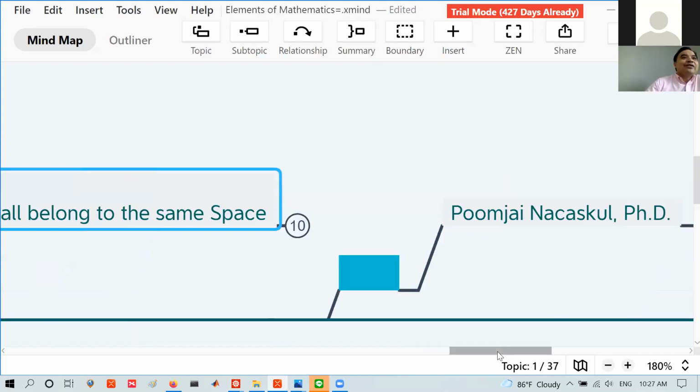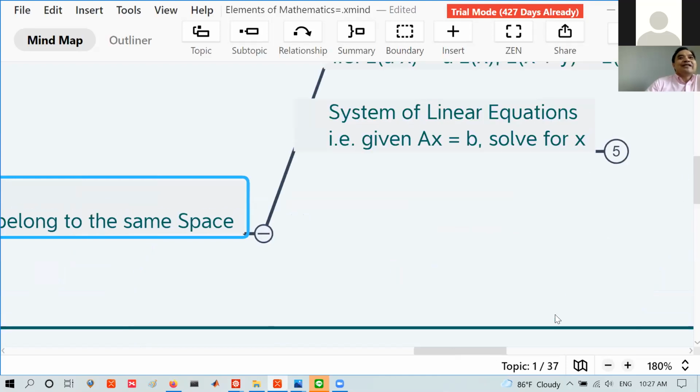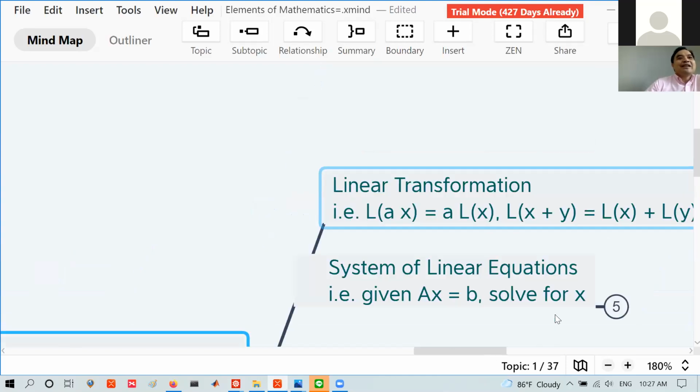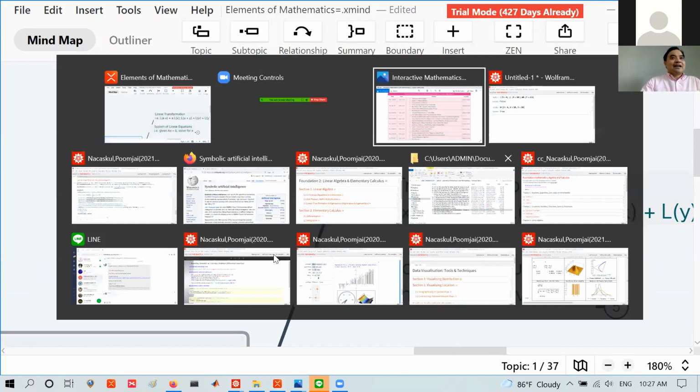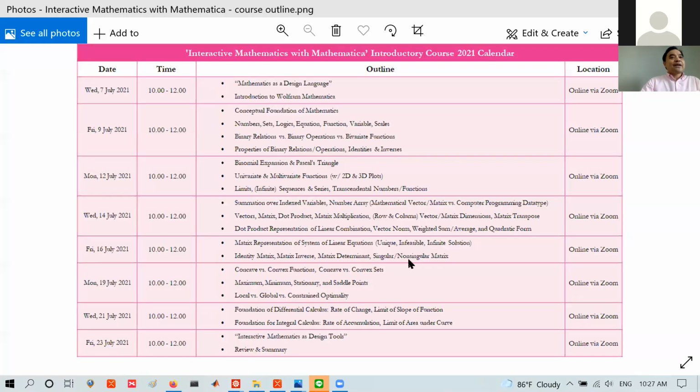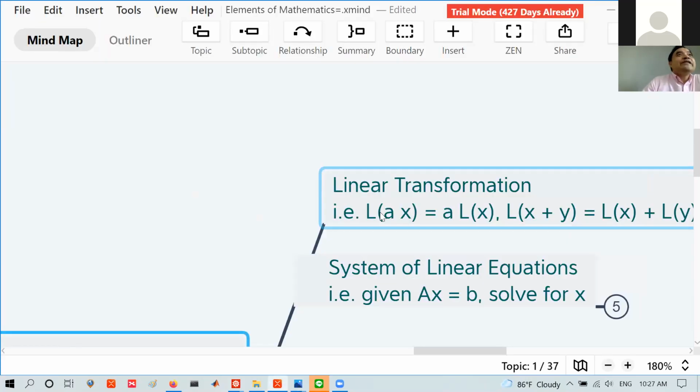Now I introduce you to something more interesting, which is the concept of linear transformation. Yeah? Linear transformation, which will be represented in our class, by the middle portion of the class, would be performed using what's called matrix multiplication. The mechanic of it, you just learn from the dot product.